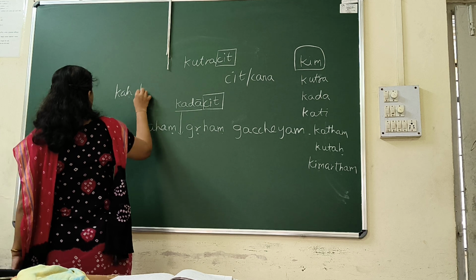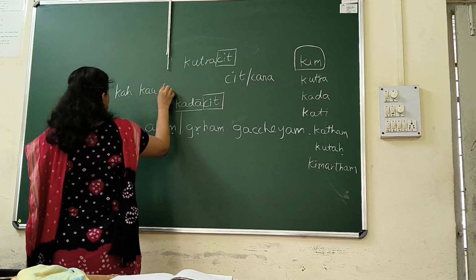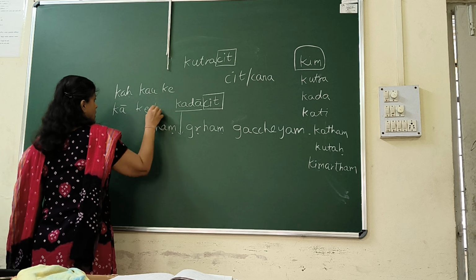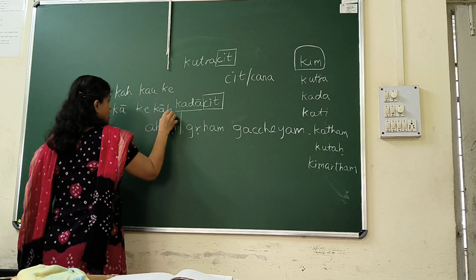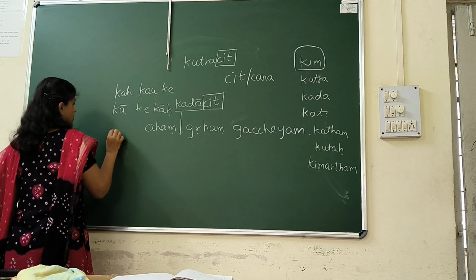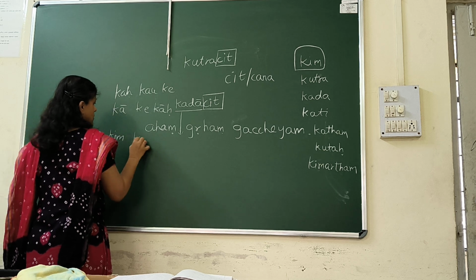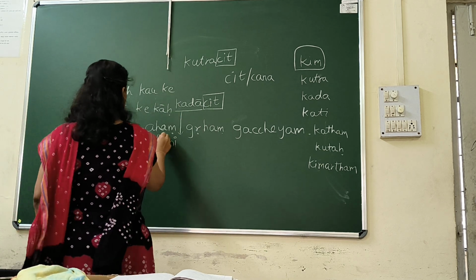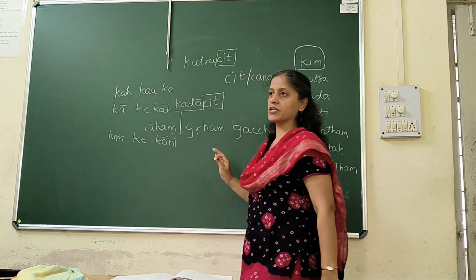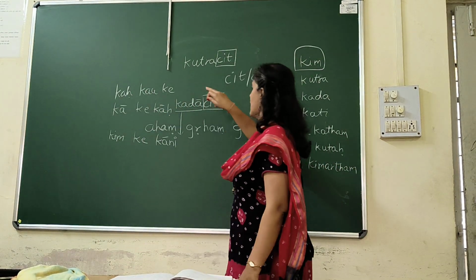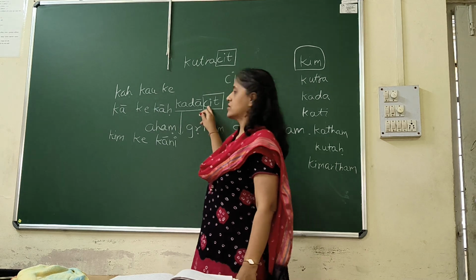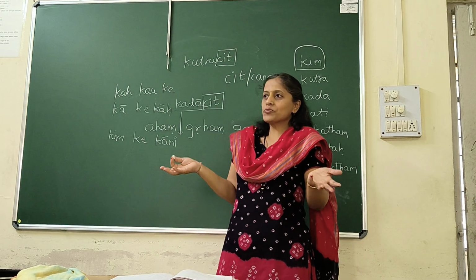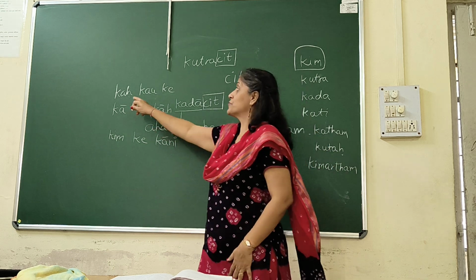Suppose I write kaha, kau, ke in masculine; ka, ke, kaha in feminine; and kim, ke, kani. I am not writing the whole paradigm, the whole table. I have written only the nominative. This kaha can be added with chit: kashchit, someone. I am not sure who. Kaha is who.